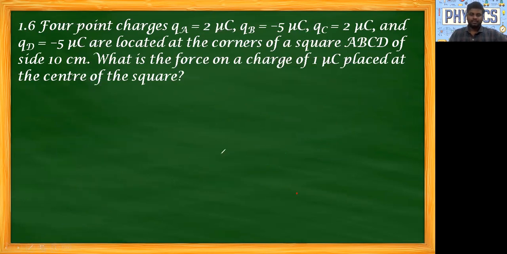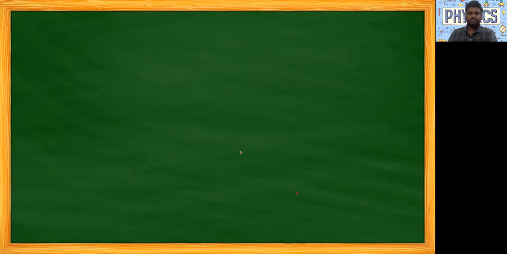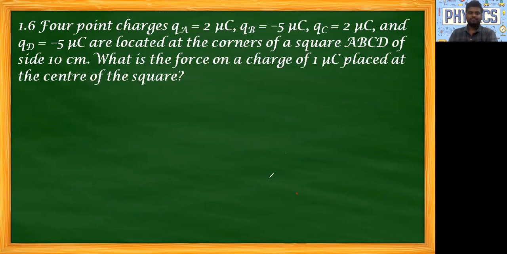Here, four point charges: QA is 2 microcoulomb, QB minus 5 microcoulomb, QC 2 microcoulomb, and QD minus 5 microcoulomb, are located at the corners of the square ABCD of side 10 centimeter.